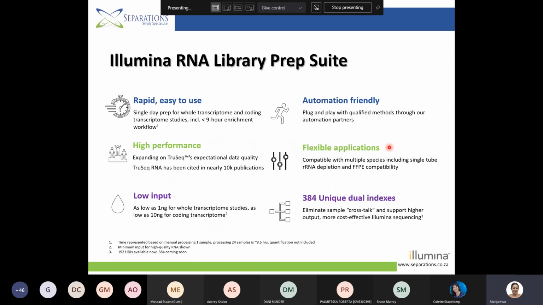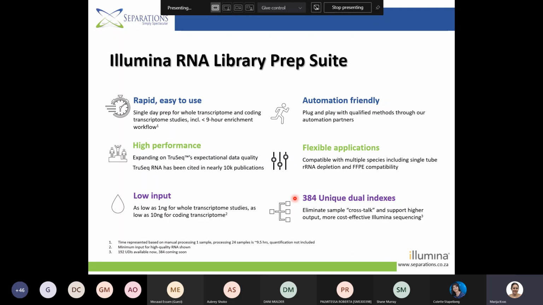And like I mentioned, we have multiple species for our RNA depletion. What is really nice as well is that we can multiplex more samples. With TruSight, we were limited to a maximum of 96 different samples on the flow cell. Illumina designed this library prep in such a way that the way we add the adapters onto our cDNA has changed, allowing us to multiplex and have the capacity of doing 384 samples, which makes sequencing more cost effective.